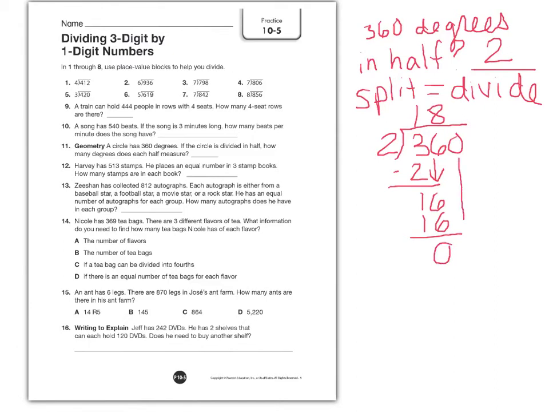You're going to bring down that 0. This is what I was talking to you about in number 10, because you might think you are done, but you are not done, because you want to know how many 2's there are in 0. There are 0 2's, so you write that on top of your house. 0 times 2 is 0. 0 minus 0 is 0, and now you are finished. Your answer is 180.